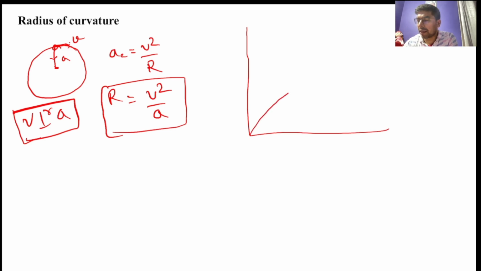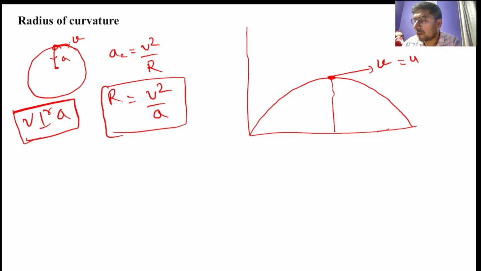If object is moving like this, at any point, if we have to find out radius of curvature, then we have to take the square of velocity and acceleration perpendicular to velocity. So first of all, we will calculate for this maximum height position, right? For maximum height, velocity will be in this direction and this will be u cos theta, and acceleration will be downward, how much? g only.